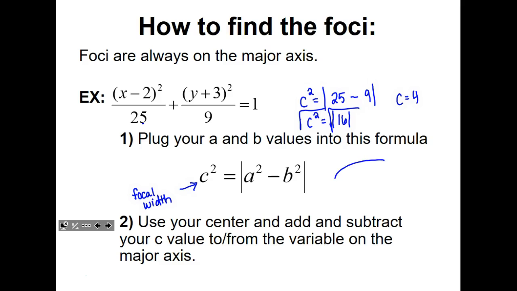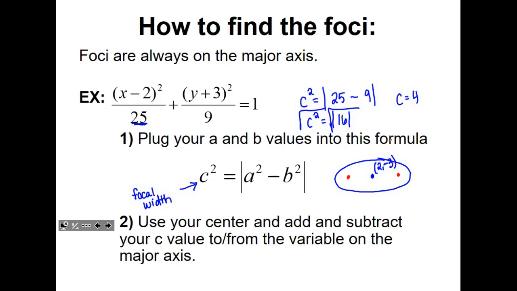So this one would be wide because the number underneath your x is larger than the number underneath your y. And the center here is at (2, negative 3). And so for this particular problem, to find the foci, I'm going to go 4 to the left and 4 to the right of that center point.